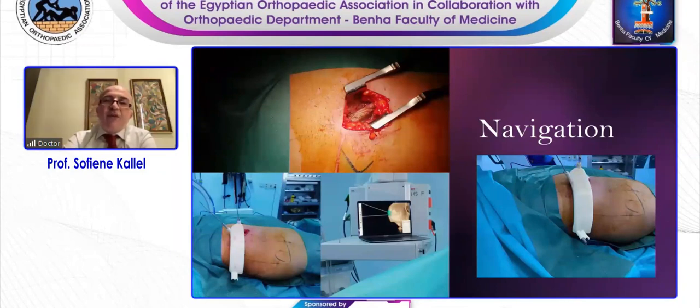Then you put your K wire, and you have a 3D printed system that we prepare before surgery. On the photo on the right, the K wire is exactly in the right place, because everything is navigated on the computer, and you get your wire exactly between the iliac wing and the first sacral vertebra. Next.